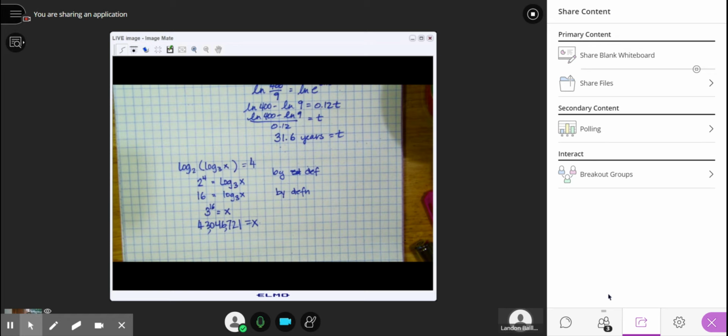I'm not dividing by logs. I'm using the definition. This is my base. This is my exponent. That's the result. So 3 to the 16th power has to equal x. I'm just switching between exponential form and log form. Way back from 4.1.